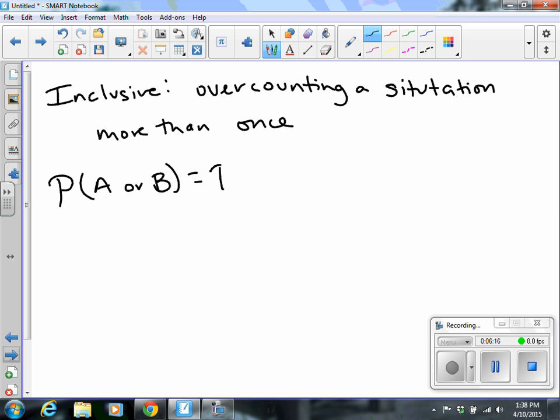With this, you have the probability of the A, plus the probability of the B. So right now, this formula is the same as mutually exclusive, but I'm going to subtract off the and.